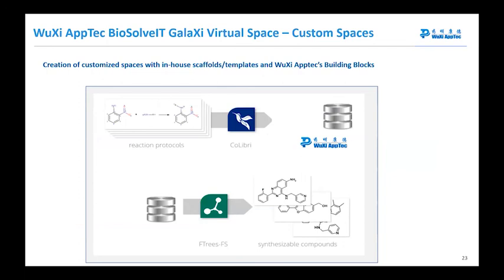Another option that we have for the Galaxy virtual space is creating custom spaces for the client. And the client can do this either in conjunction with our CAD team and CSU, or they can do it themselves. We offer the building block files from WuXi AppTec, so the customer can actually create the customized space with their in-house scaffolds or templates, and then use the FTrees similarity fuzzy searching to come up with the actual compounds that would be in the space.